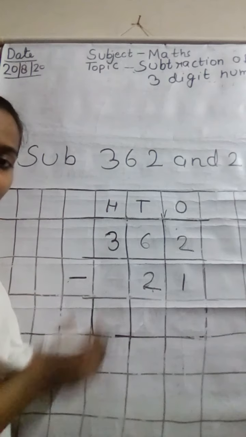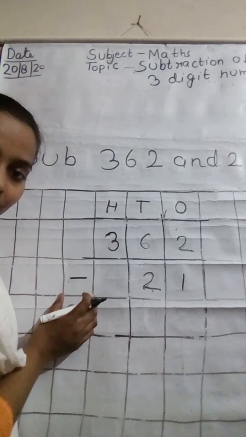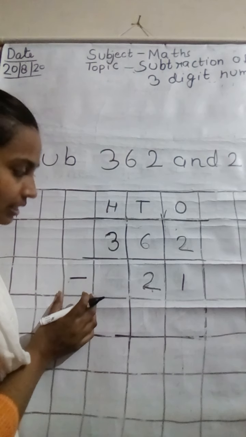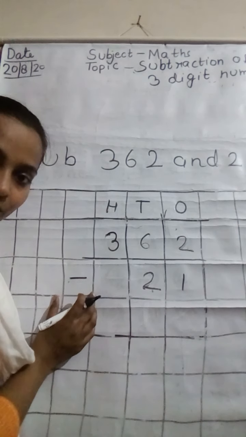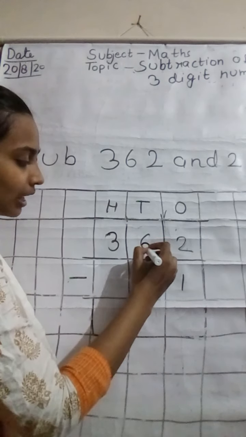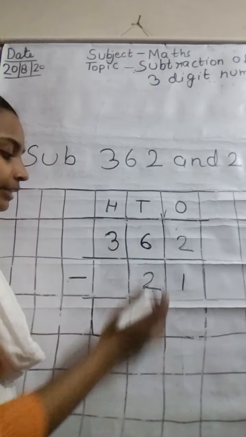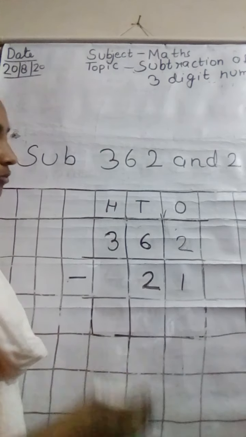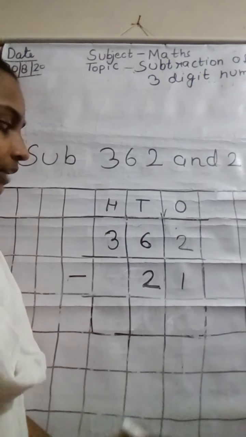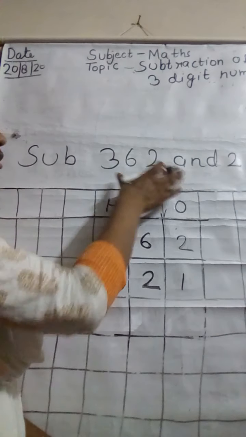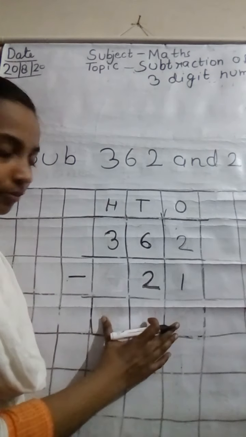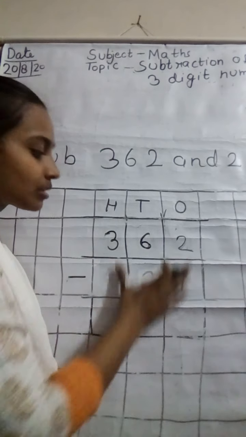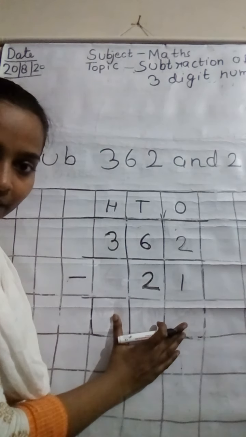We have to put a minus sign because we are doing subtraction. If we are doing addition, we have to put an addition sign. Children, in the test, many children give only answers, not in the column way. I am telling you this is called the column manner, okay?